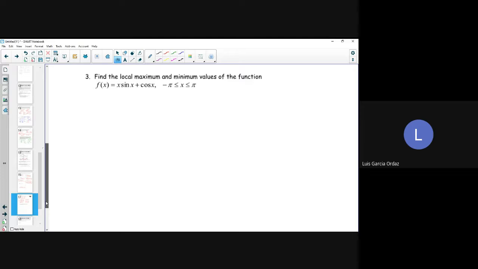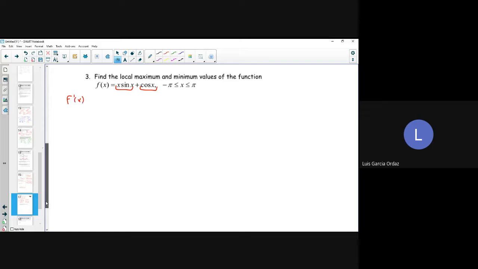So I need to figure out my derivative of f of x is equal to x times sine of x plus cos of x. So my first one is going to be product rule, and then this one I can just take by itself.